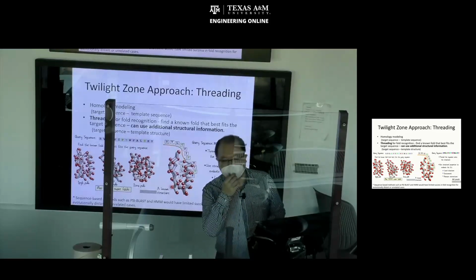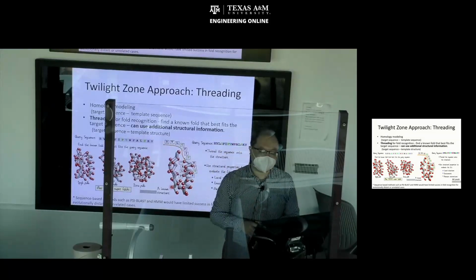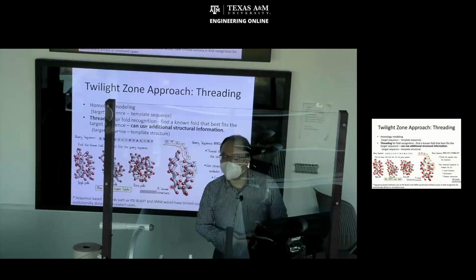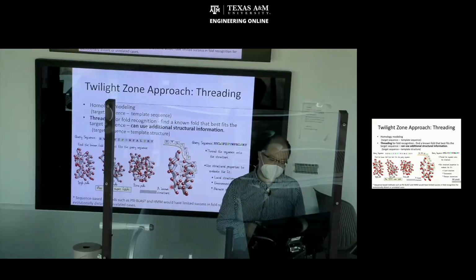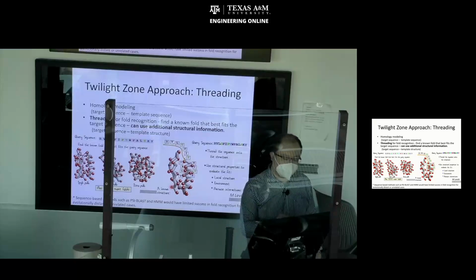That's the threading. In other words, you are aligning not two sequences, but the target sequence onto the 3D structure. In this case, it's one of the folds.